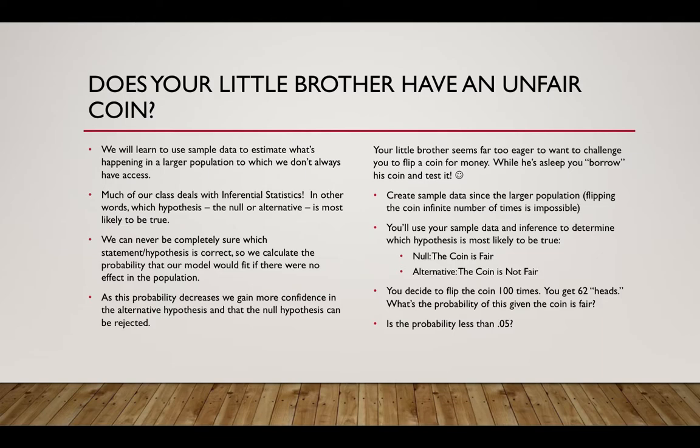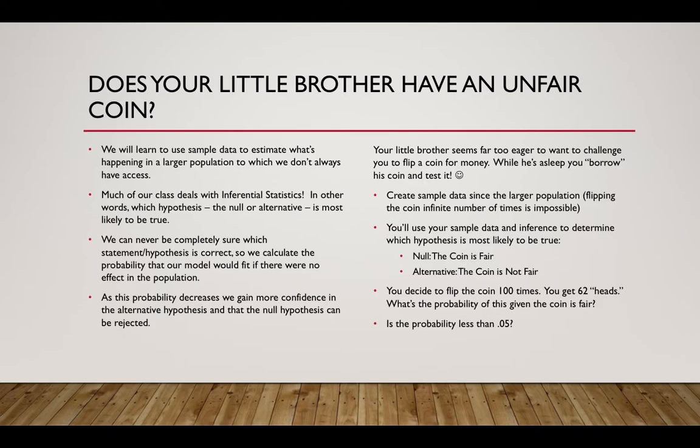Essentially, in statistics, we get down to the question: is the probability less than 0.05? So, what's the probability, assuming the null hypothesis is true, the coin is fair, of getting 62 heads out of 100 flips or more? Is that probability less than 0.05?